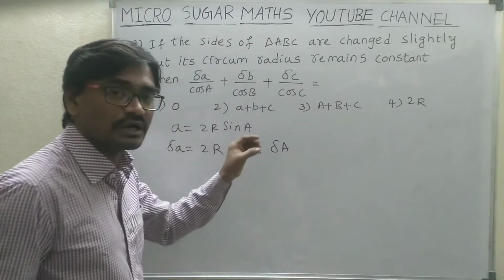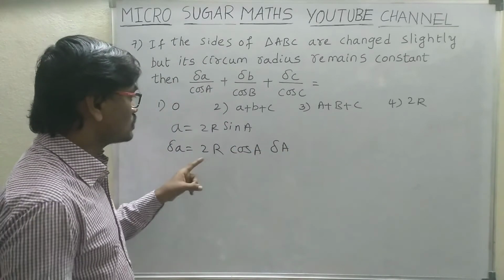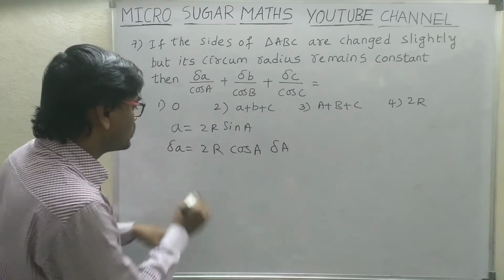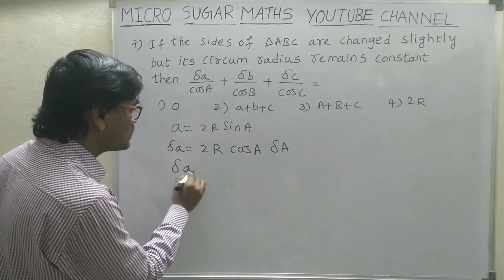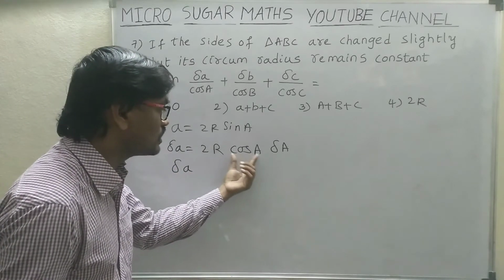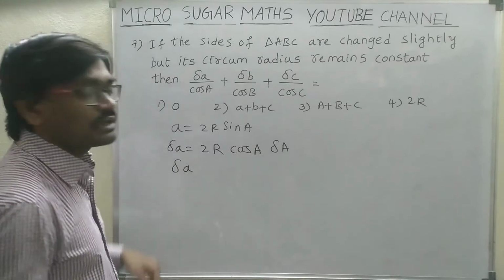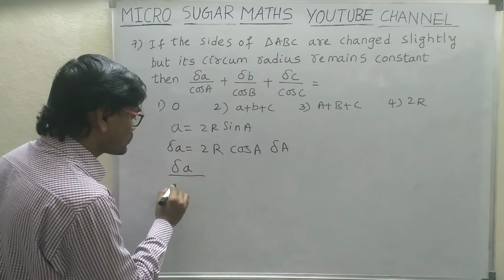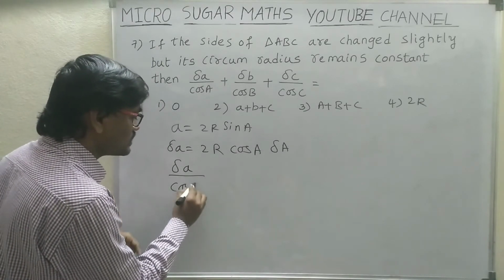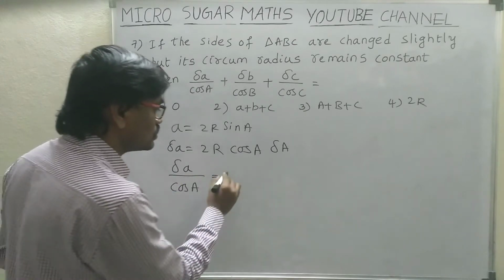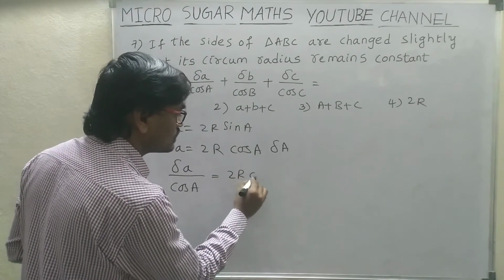Write down delta a. Now students, from this one, move the cos a to the left side. You will get delta a by cos a is equal to 2r delta a.